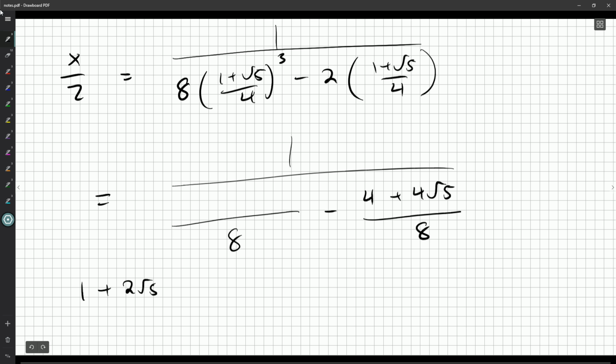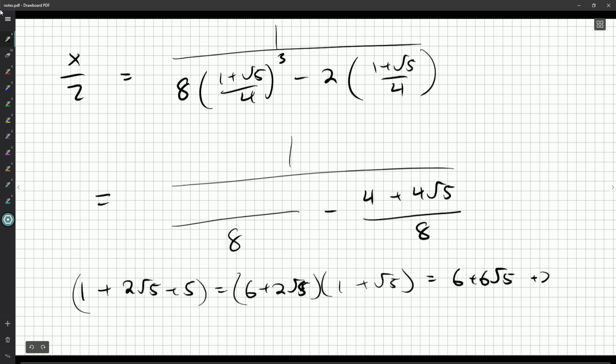1 plus 2 root 5 plus 5. That's 6 plus 2 root 5. And I need to multiply it by itself one more time. 6 root 5, 2 root 5, and then 10. So 16 plus 8 root 5. There we go.